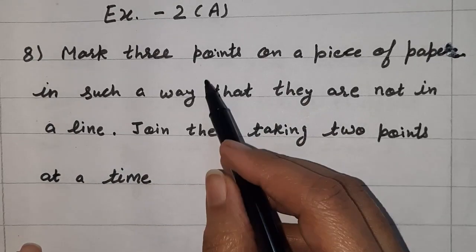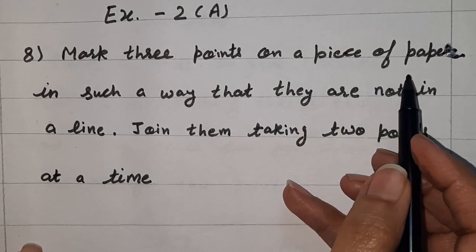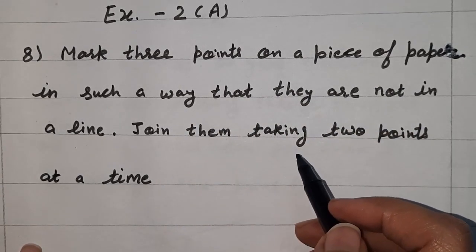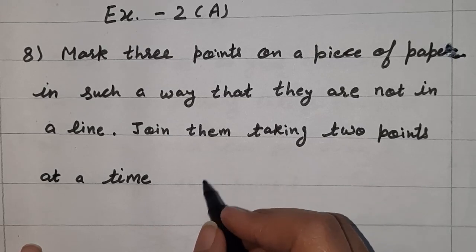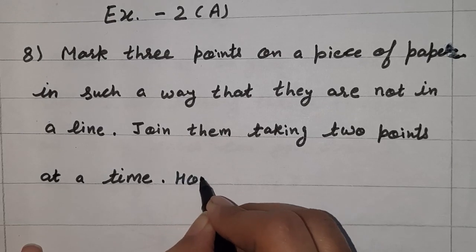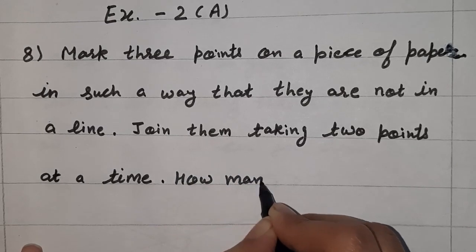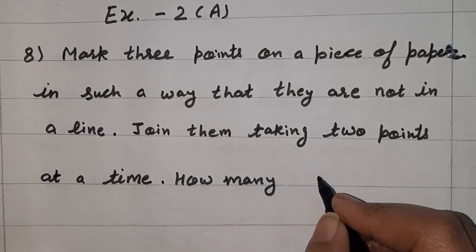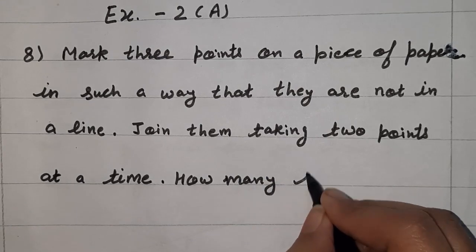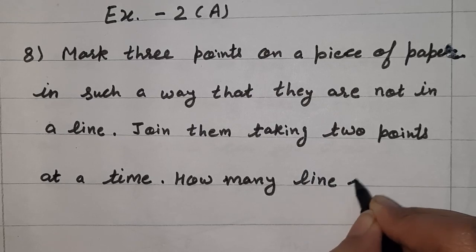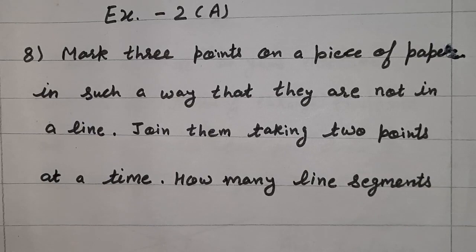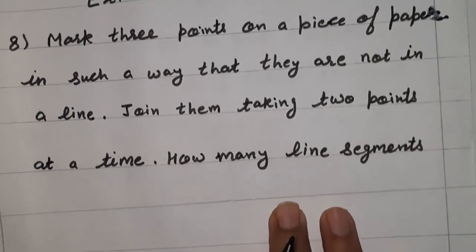Means we have to mark 3 points on a paper and then we can join 2 points at a time, not more than 2.